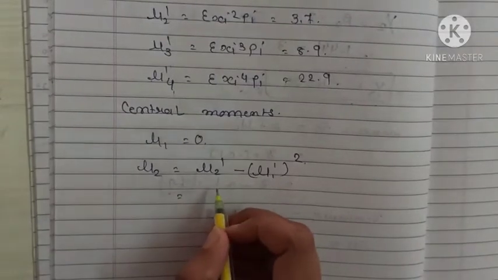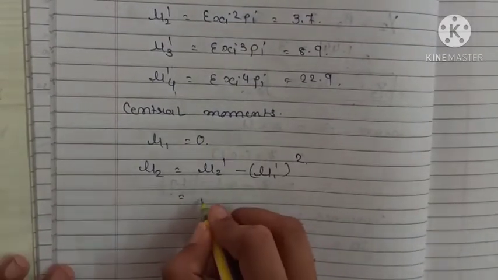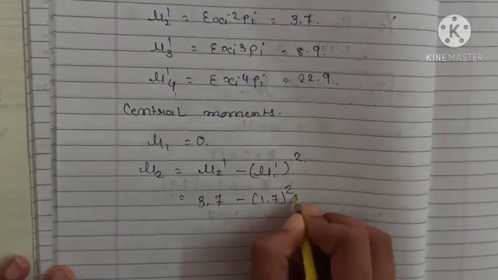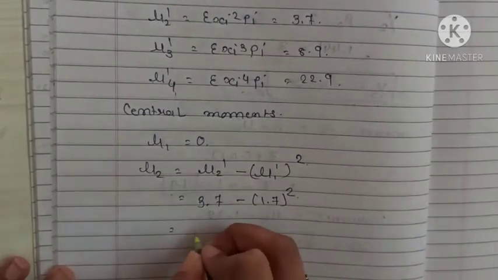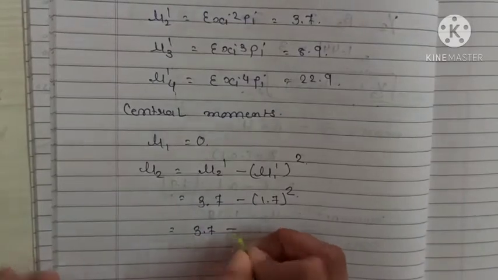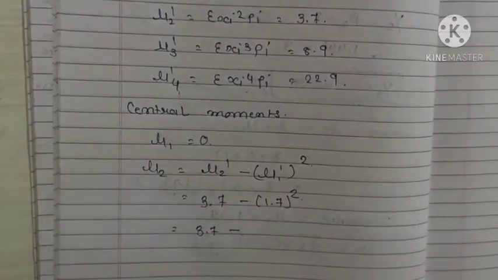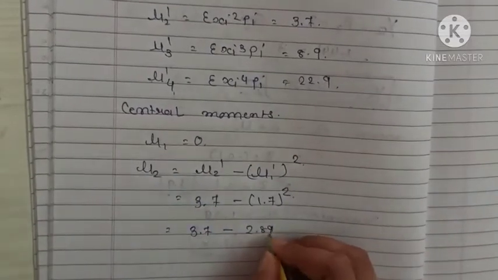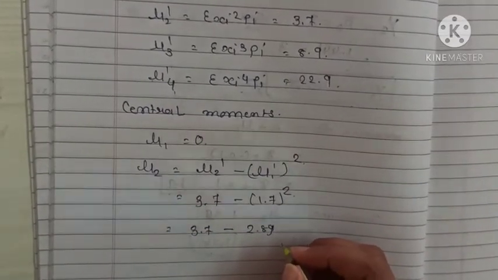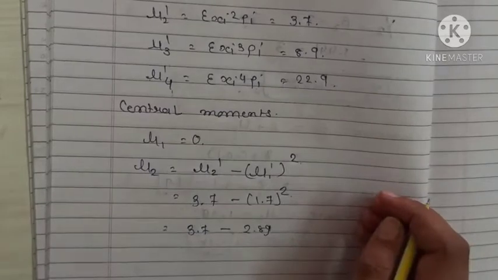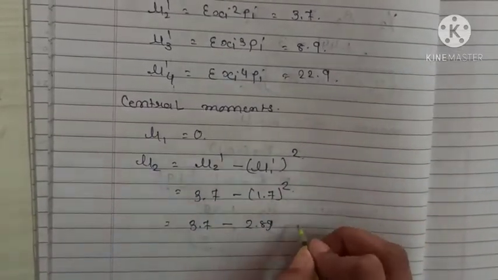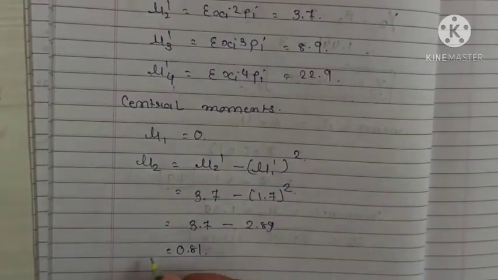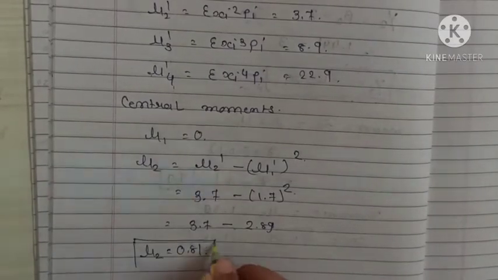Using the formula, 3.7 minus 1.7 square, that is 3.7 minus 2.89. Answer is 0.81. That is mu 2.